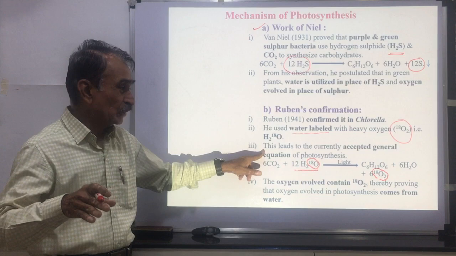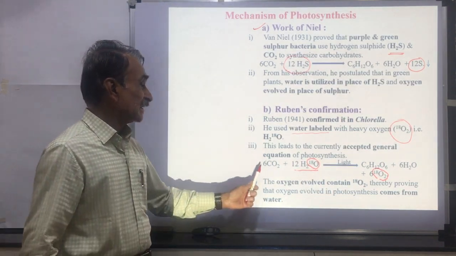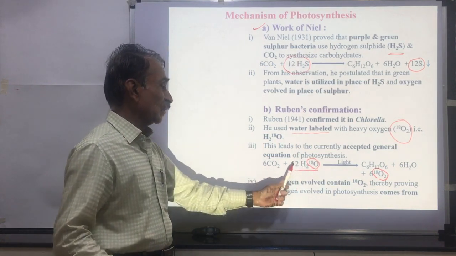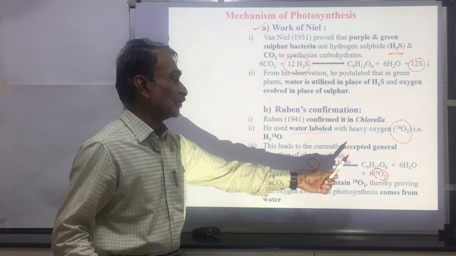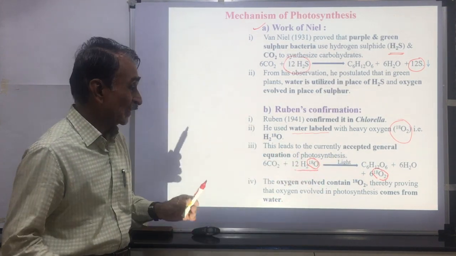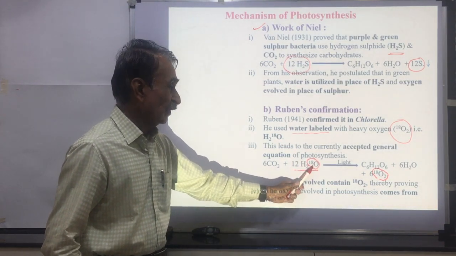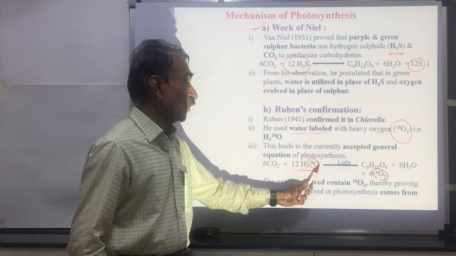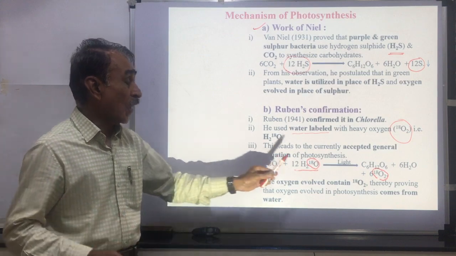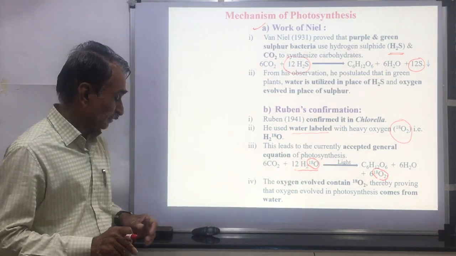His experiment led to the currently accepted general equation of photosynthesis: 6CO2 plus 12H2O gives C6H12O6 plus 6H2O plus 6O2. Since the 18O from the water appears in the oxygen, it is proved that oxygen evolved in photosynthesis comes from water.